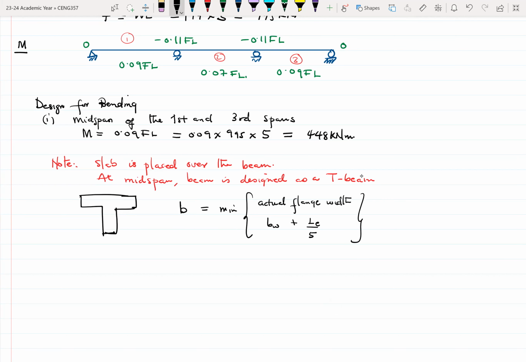Okay. So now let's look at what L is. LE from previous notes was given as 0.7, or generally LE is equal to 0.7 L.